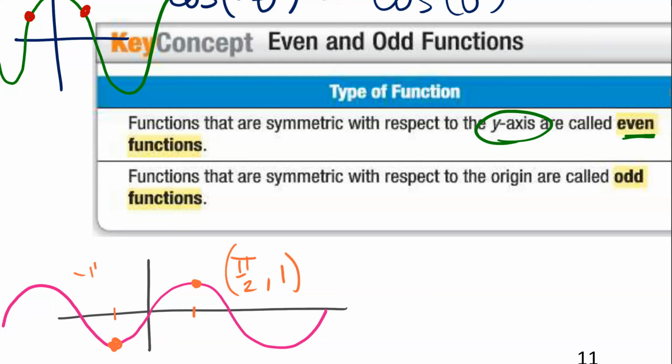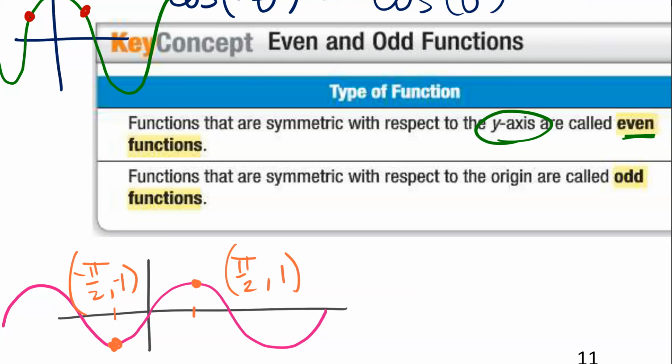And this was negative pi over 2, negative 1. So both x and y are different signs. It's odd. Literally, if I take the graph and rotate it 180 degrees, it's going to be the same graph.